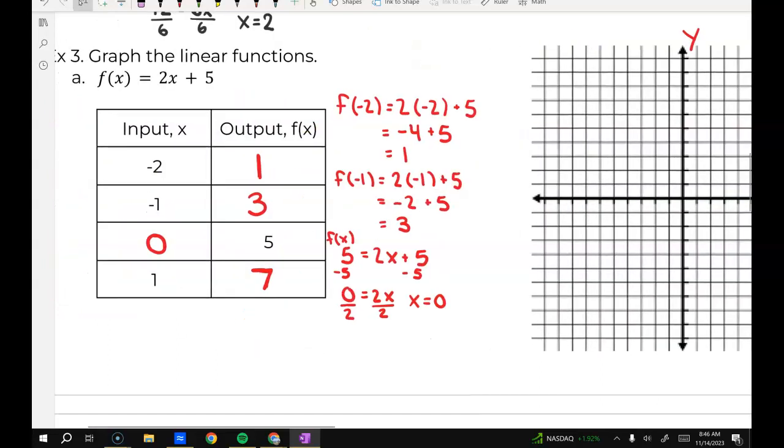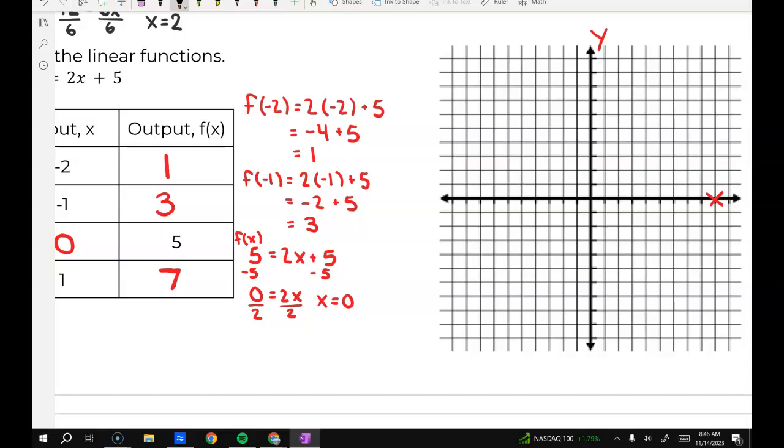So this would be -2, 1. This is -1, 3. 0, 5, 1, 7. So we go over 2, up 1.